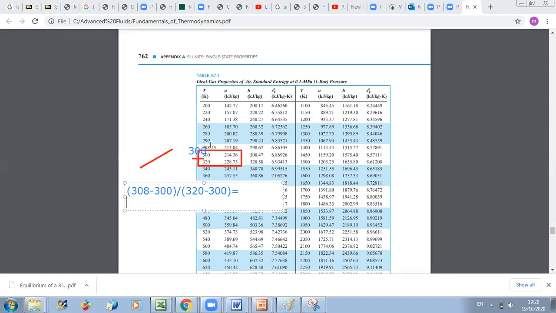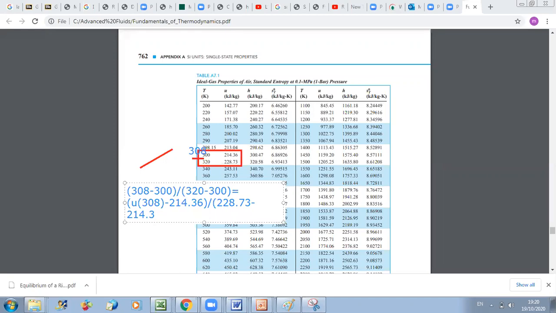So 308 minus 300 over 320 minus 300 is equal to the U value at 308, which should be calculated, minus the U value at 300, which is 214.36, over the U value for 320, which is 228.73, minus the U value for 300, which is 214.36.